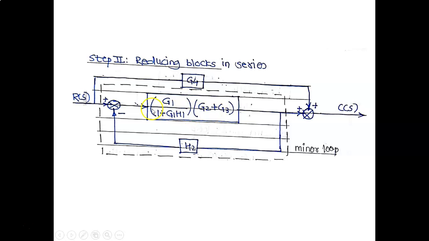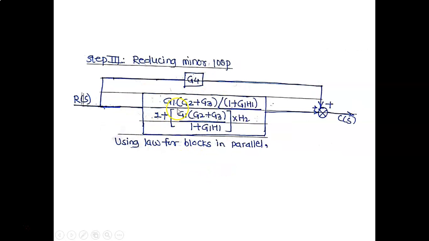This block along with this H2 and this summing point are forming a minor feedback loop. Therefore we will solve this minor feedback loop, that is G1 into G2 plus G3 divided by 1 plus G1 H1 divided by 1 plus G1 into G2 plus G3 divided by 1 plus G1 H1 into H2.